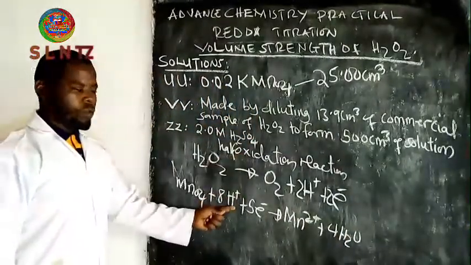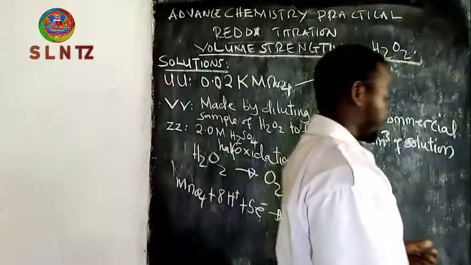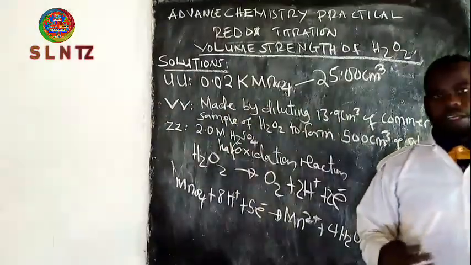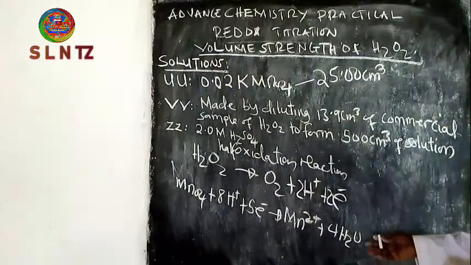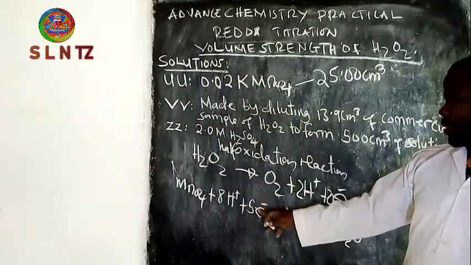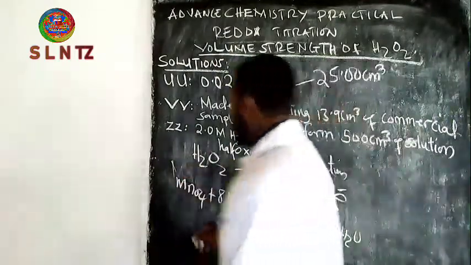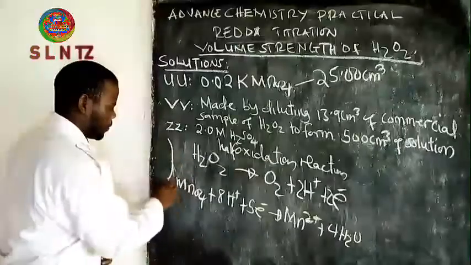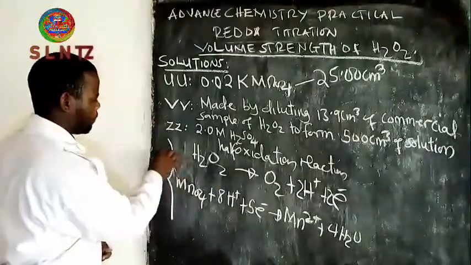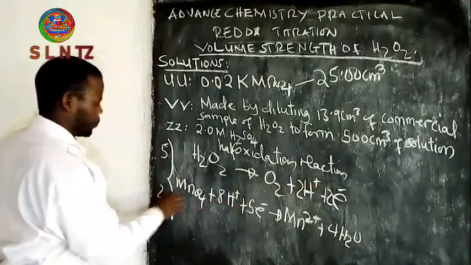Then for this and this one, you have to create the overall reaction. So we consider this and this. This will come to this side. Here there is 5, and here there is 2.